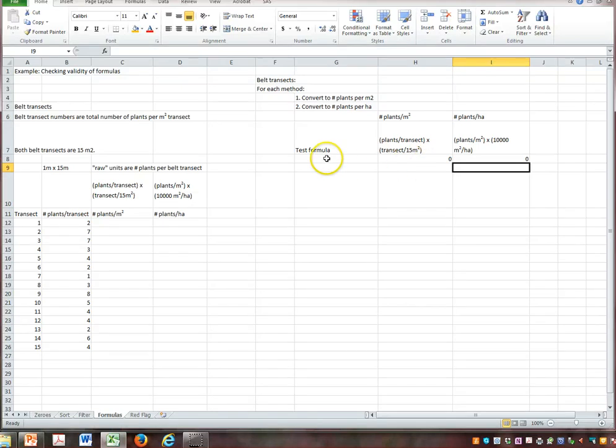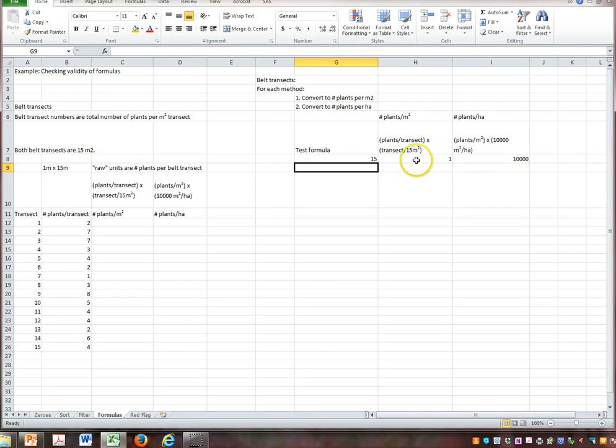And then I'm going to test this formula with a number where I know it's going to come out the way that I wanted it to. So if I have a 15 meter squared transect and I had 15 plants per transect, then that would calculate or convert out to being 1 plant per meter squared and also 10,000 plants per hectare.